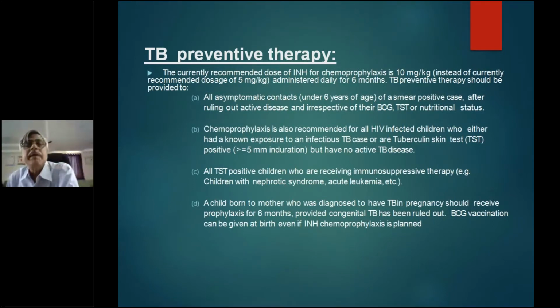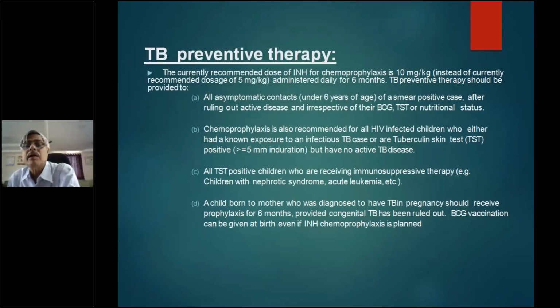Preventive therapy for all asymptomatic contacts under 6 years of age of a smear positive case, after ruling out active disease, irrespective of BCG status. These are children under 6 years of age who are contacts of a smear positive case.